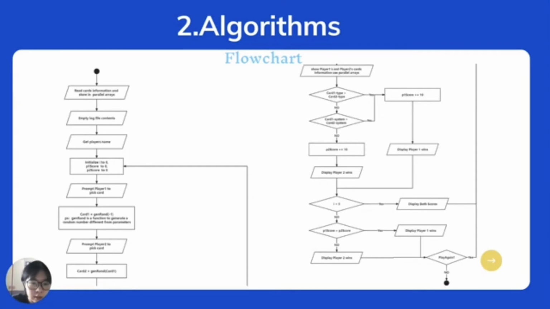If not, then player 2 will get 10 marks. After that, we will display the winner of this round, and we will run this game until the 5 rounds are completed, and display both scores and the winner of these 5 rounds. After that, we will ask the player if they want to play again. If they say yes, we will go to the initialize part. If not, we will just complete this game.